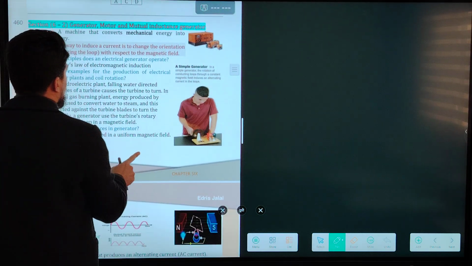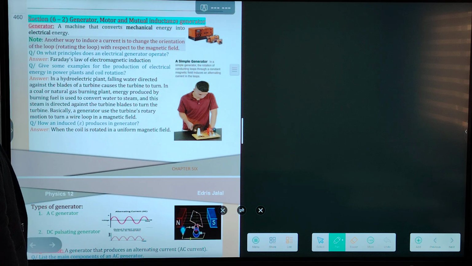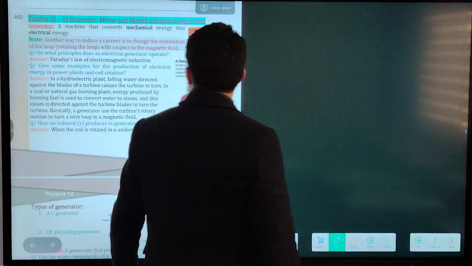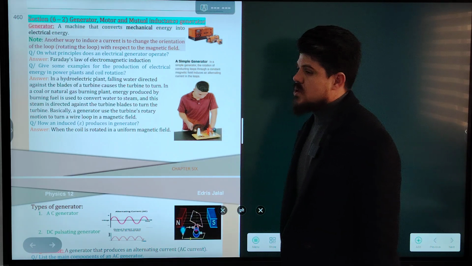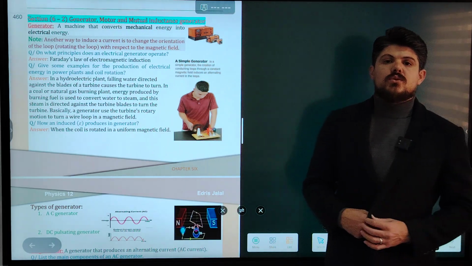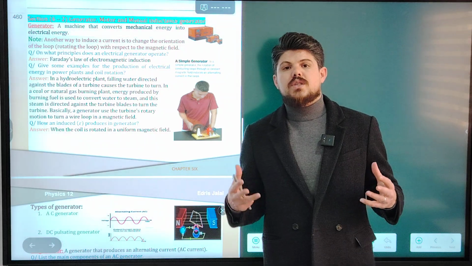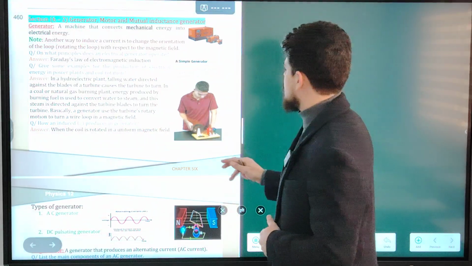In this section, we have 3 topics: generator, motor, and mutual inductance. First of all, I would like to explain the different types of current before starting section 2.